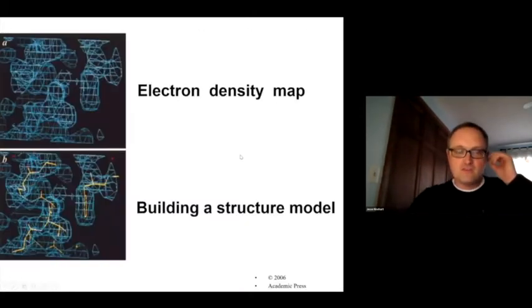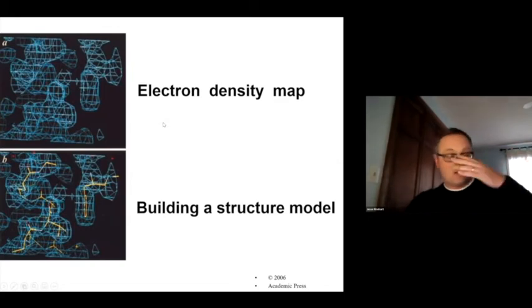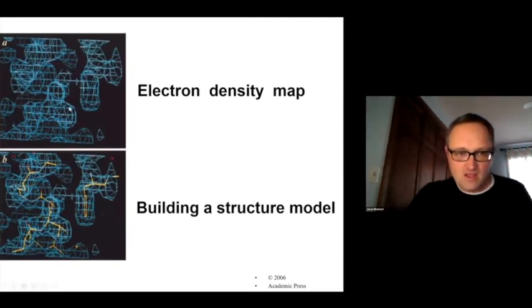And one of the things you actually produce is what's called an electron density map. When you're diffracting X-ray sources off your sample, you're learning where in the sample the electrons are located. So atom by atom, where are the electron dense regions?